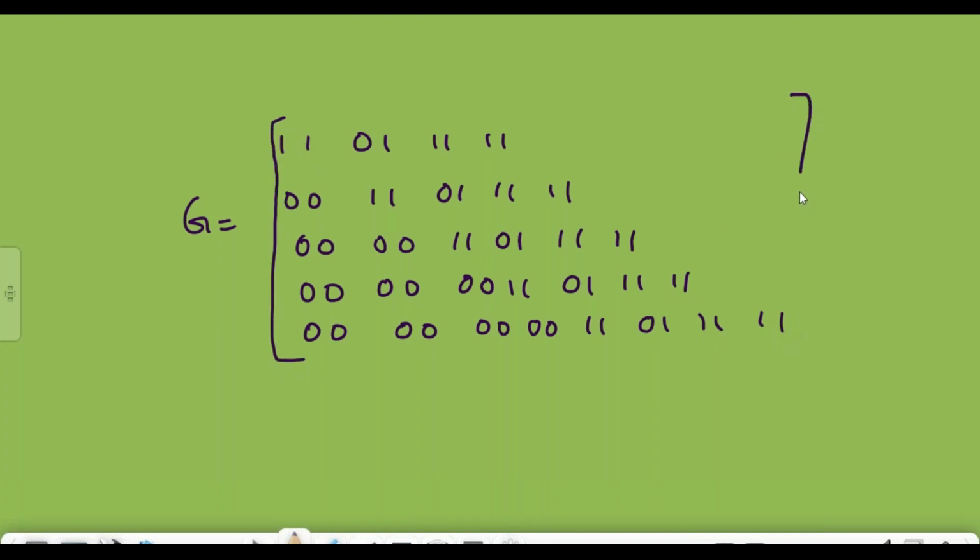And we will have to write the remaining bits here as zeros.